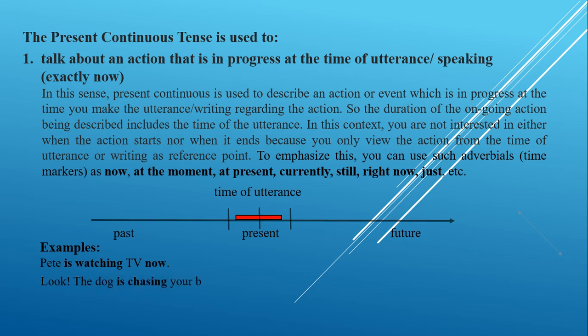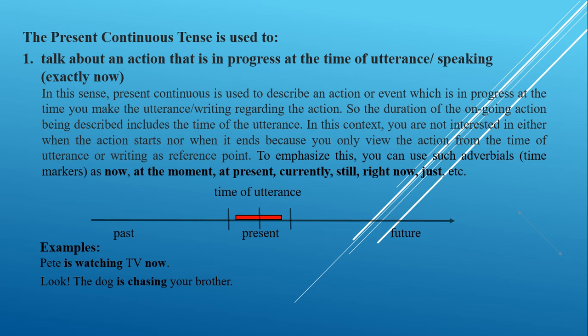The second sentence: look, the dog is chasing your brother. Now imagine yourself being in a park along with your friend, say John and his little brother, and suddenly a dog comes and starts chasing John's little brother. But John is not aware of that because he is not looking in that direction.